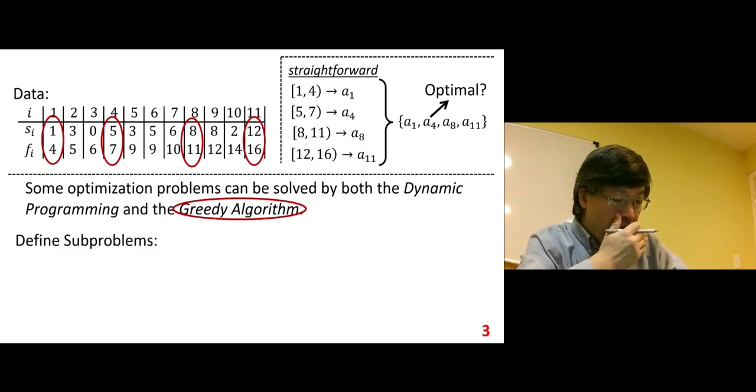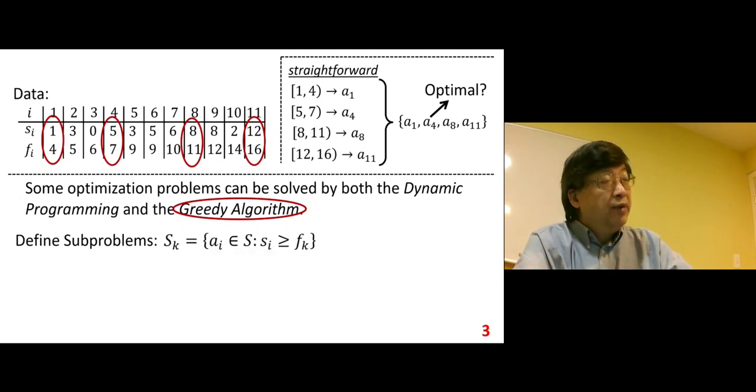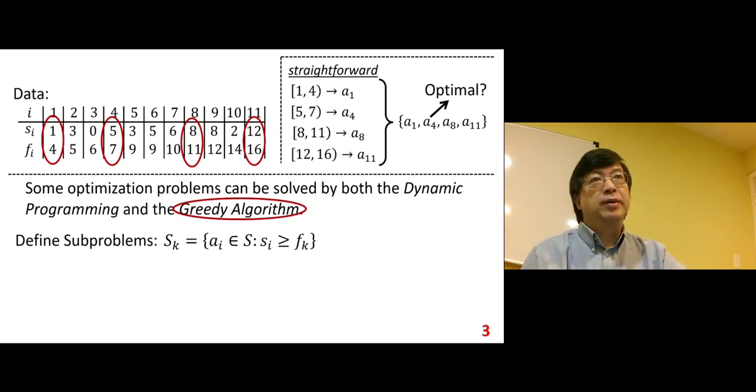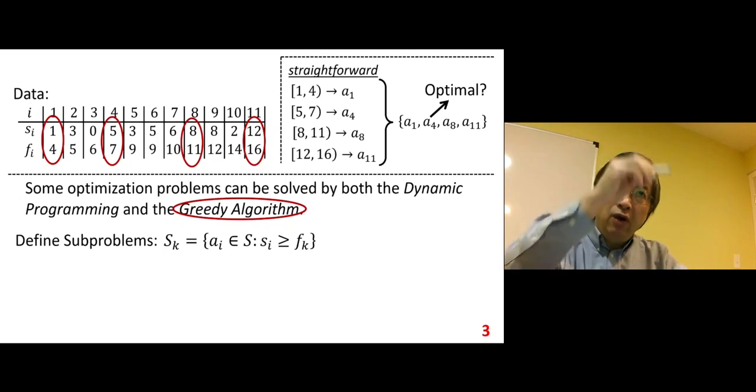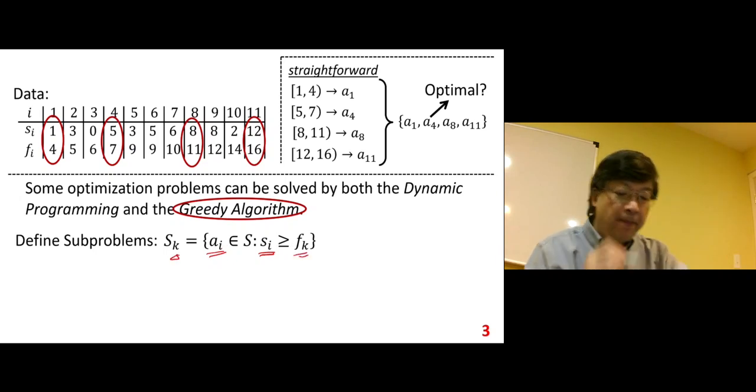All right. Here, let us define subproblems. We define Sk as this subset of activities of the original set, with the condition that the start time of every activity Ai inside the subset is greater than or equal to the finish time of activity Ak.